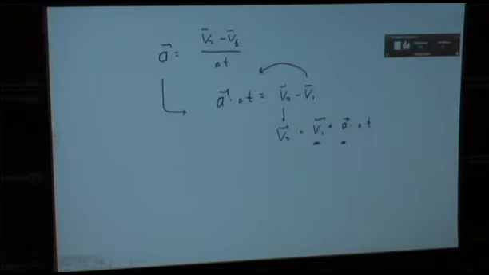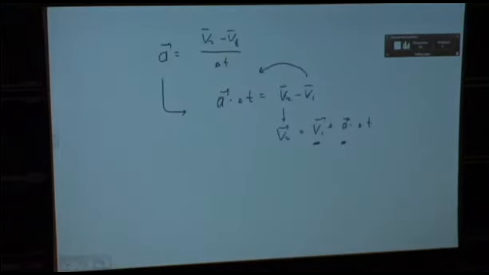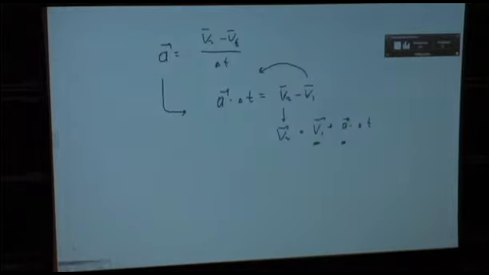let's take a look at picture D. That's what we're trying to do.